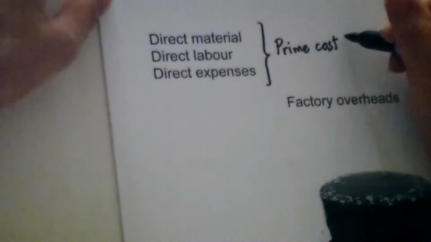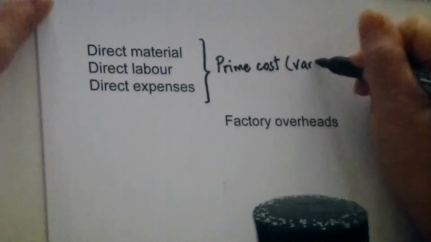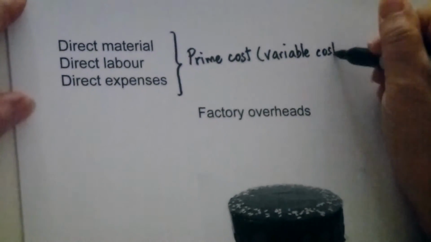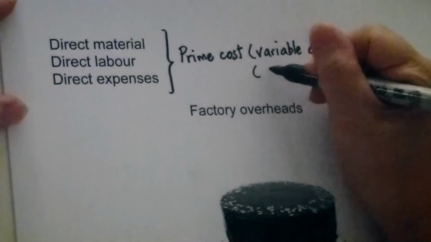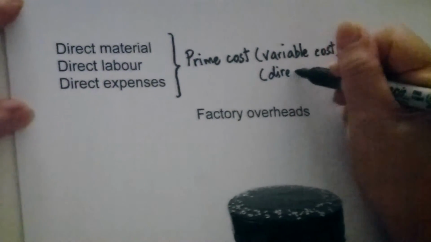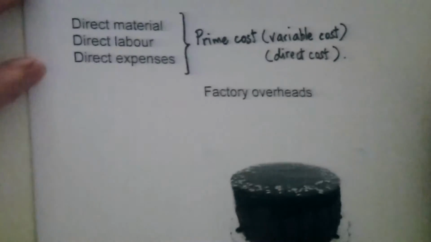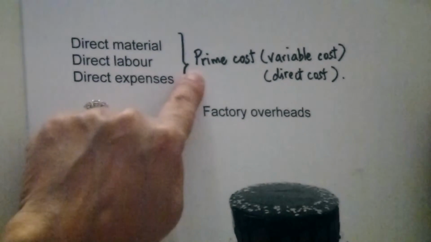It is actually your variable cost, or you can call it your direct cost. But in accounting terms, when you're preparing your manufacturing account, we call it the prime cost.